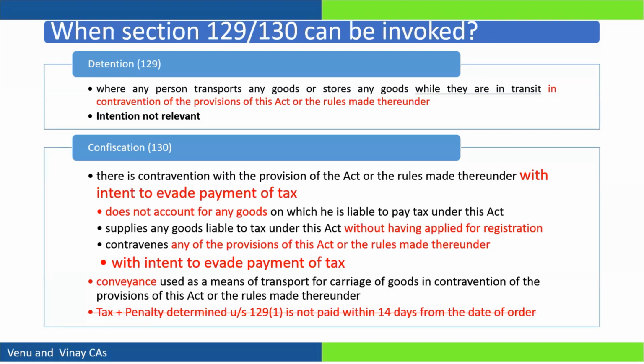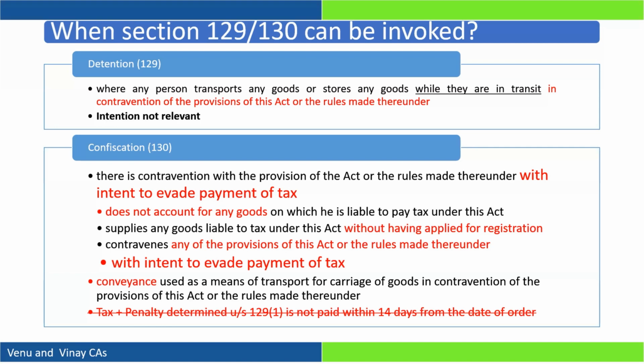Between 129 and 130, 129 would be invoked when the goods are in movement. 130 would be invoked when there is an intention to evade payment of tax. So the department has to prove that there is an intention to evade payment of tax. Section 155 of the Act makes it clear that every department officer has to prove if they are making any levy.